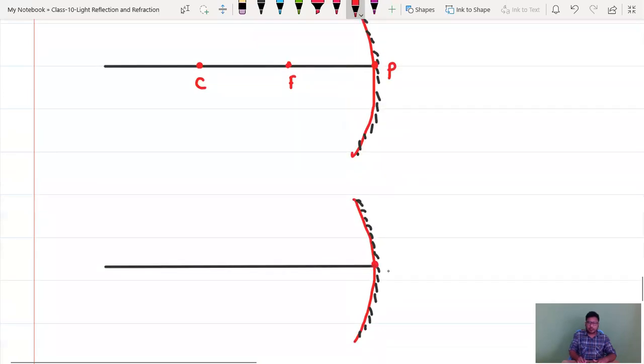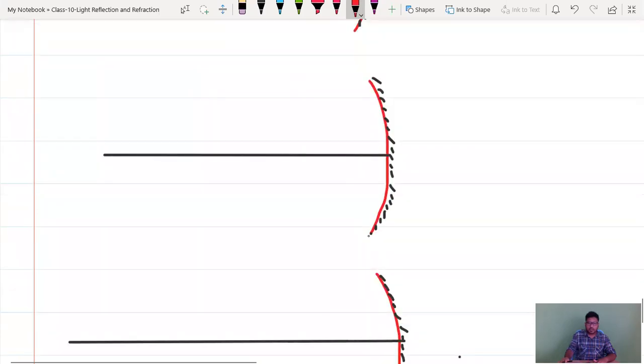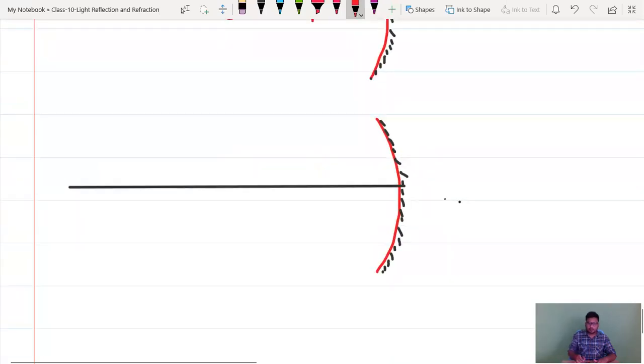Same for the third diagram: P, focus F, center of curvature C. For the final diagram, P is pole, F stands for focus, C stands for center of curvature.